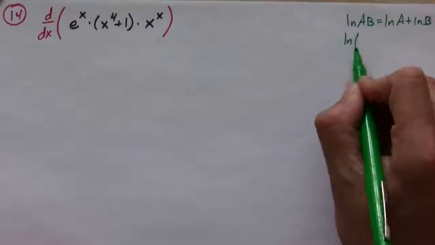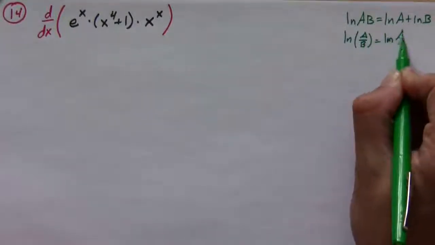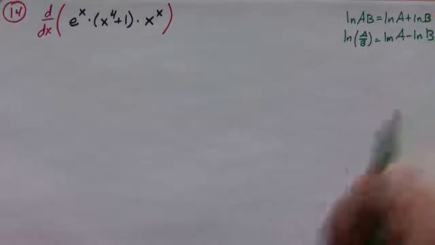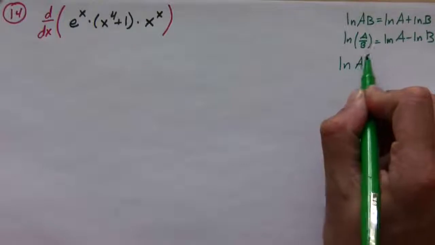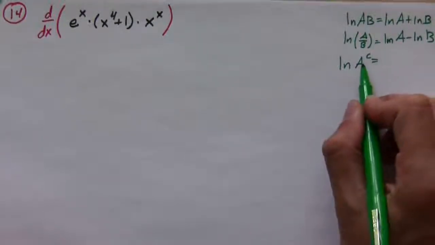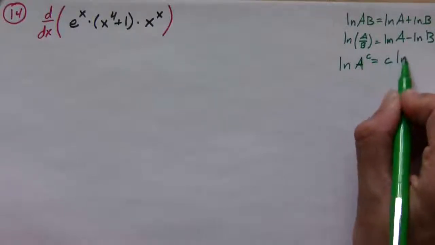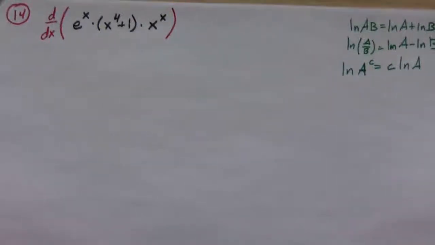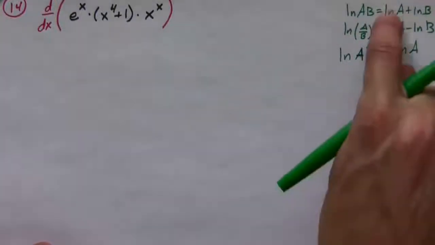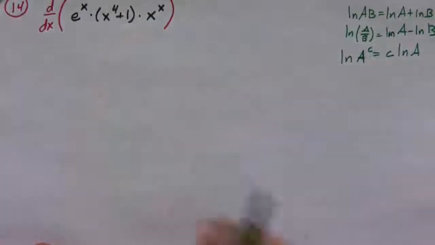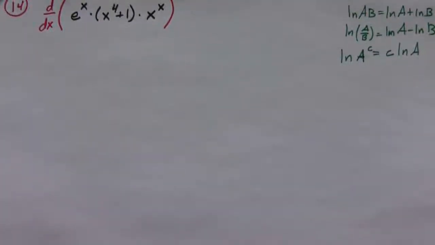If you're dividing inside, you can break it up into two logs that are subtracting. And then this is the one that we used in the problem before: if the argument of your log has an exponent, you can bring that exponent out in front. Well, actually, we can use the first one and the third one in this problem to help us. So in this guy, the idea is the same.